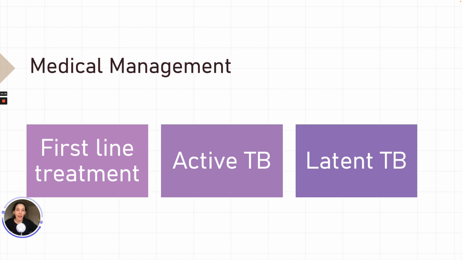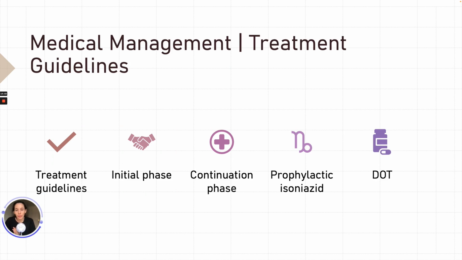Treatment guidelines recommend for newly diagnosed cases of pulmonary TB to have an initial treatment phase and a continuation phase. The initial phase consists of a multiple medication regimen of INH, rifampin, pyrazinamide, and ethambutol, and lasts for 8 weeks.